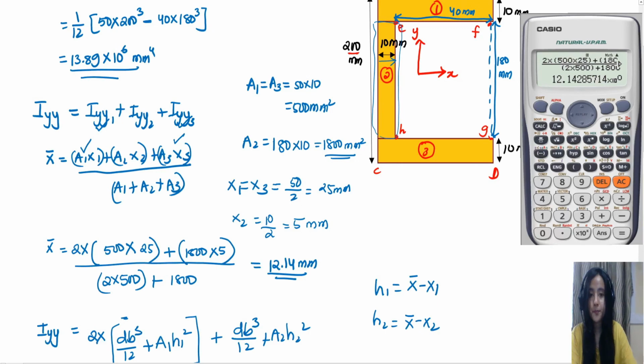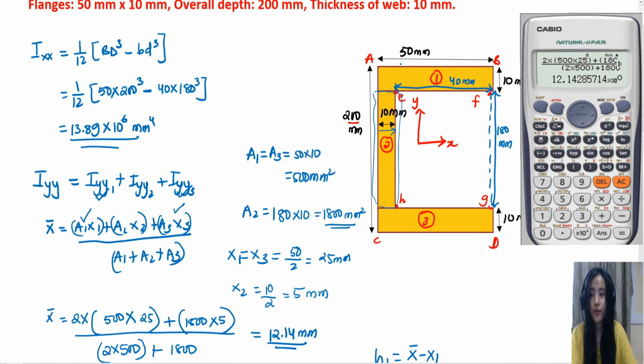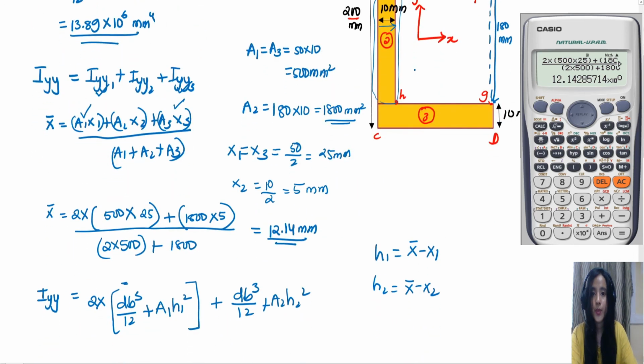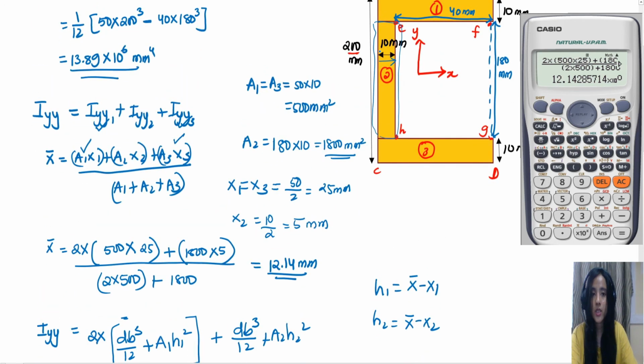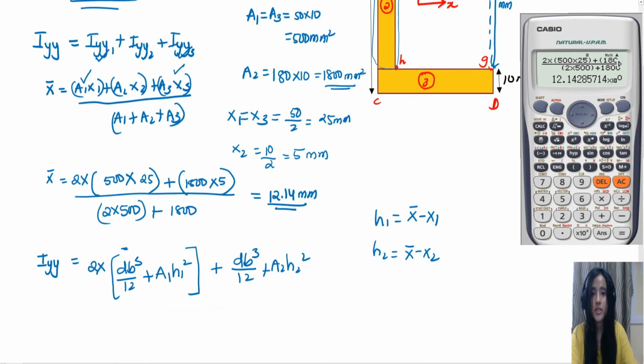Now the depth of the first section is 10 and its width is 50. So I have 10 into 50 cube. And similarly for the second one, the depth is 180 into 10 cube.